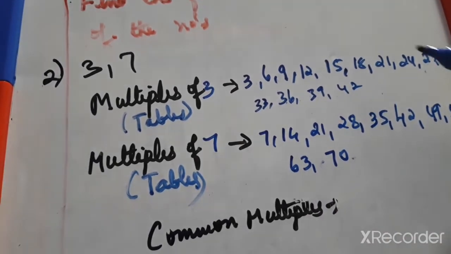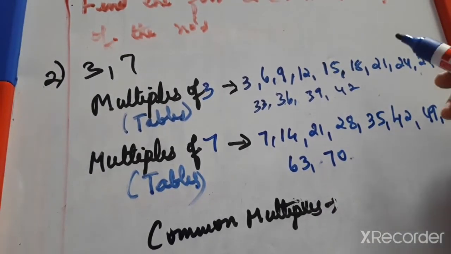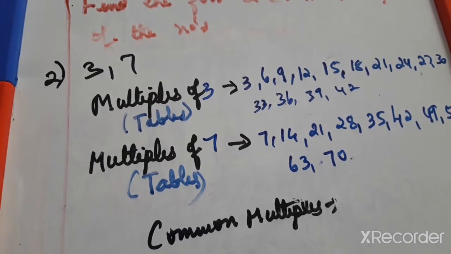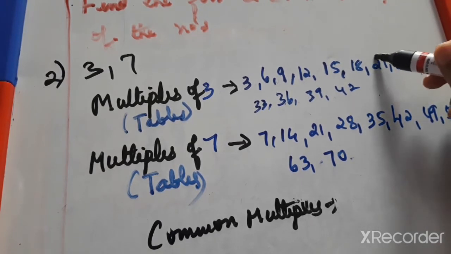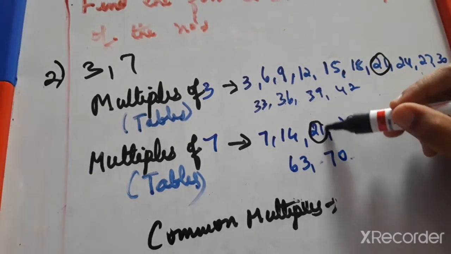Okay, which is common? Any two common multiples. Which is common here? Any common numbers? 21, yes, 21 is common here.